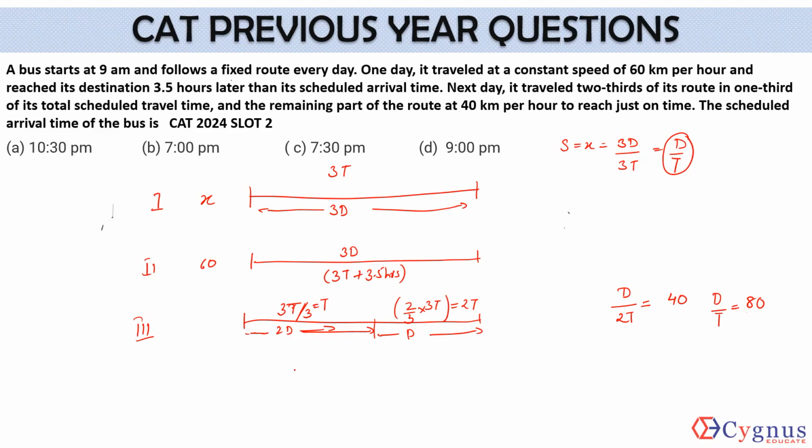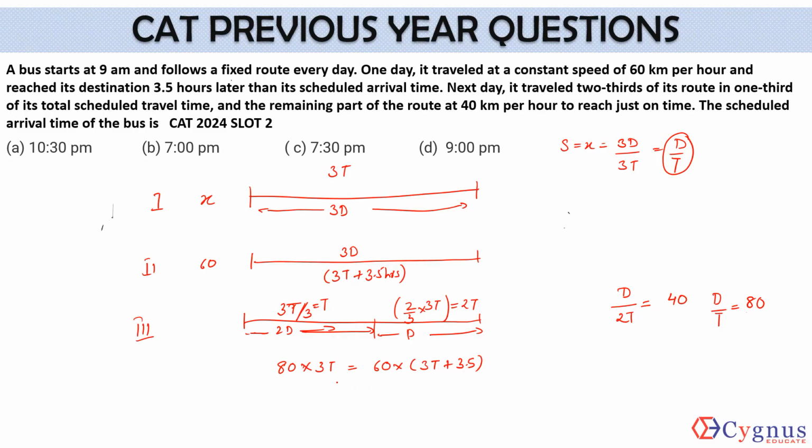Now, if you look at the first case, he has covered 3d distance with the speed of 80 in 3t time. Since the distance is constant, speed into time, which is equal to 3t here, should be the same for the second case. In the second case, his speed was 60 and the time was 3t plus 3.5 hours.